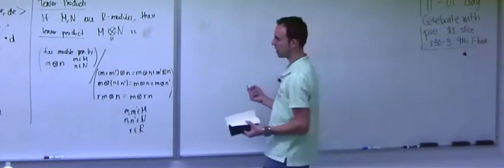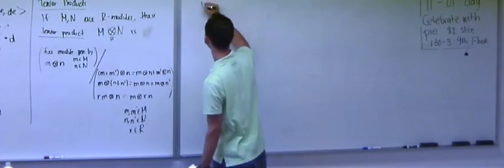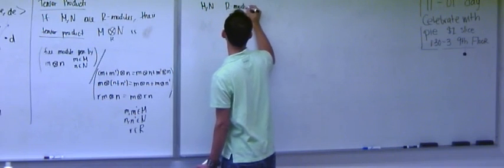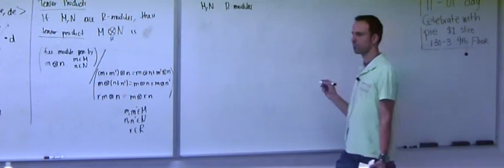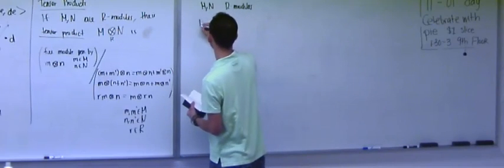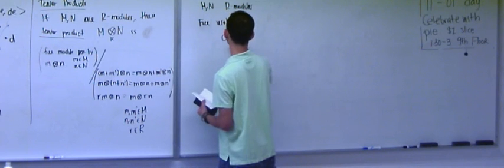So now let me think of a different setup. Let's say that we have two R modules like this. Okay. And now let's say that we resolve one of them, M. Okay. So let's say that we have a free resolution of M. It looks like this.